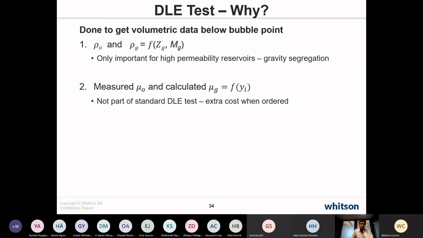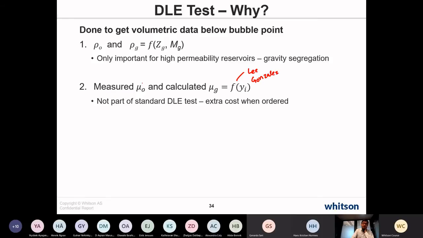Also, we get the measured viscosities of the oil. We generally have the calculated gas viscosities, which are a function of the composition, and usually some correlations are used, one of them being the Lee-Gonzalez correlation.